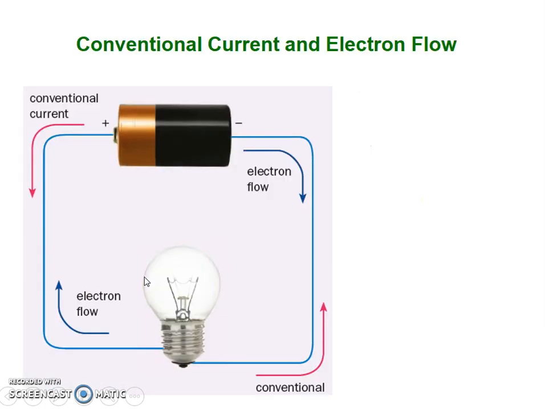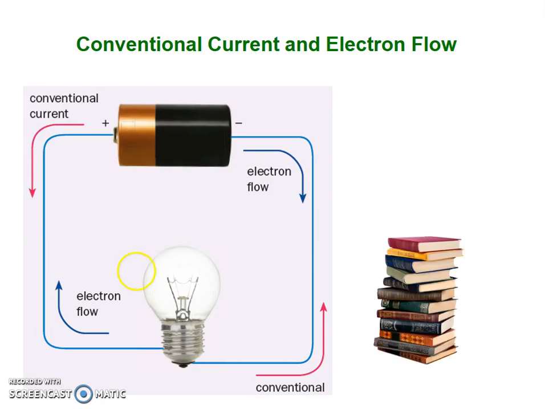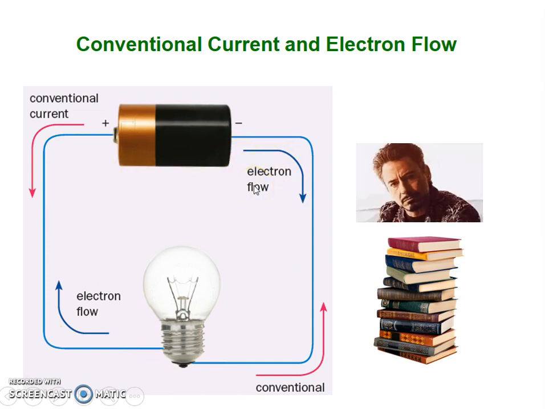Just a little bit of history about conventional current and electron flow. Previously people always thought conventional current moved from plus to minus, so many books were written about it. But in 1897, they discovered the real truth is that electrons flow in the opposite direction. So are they going to change all the books?